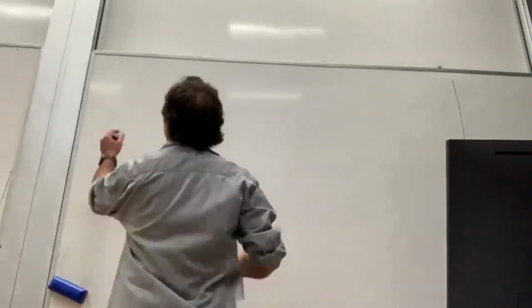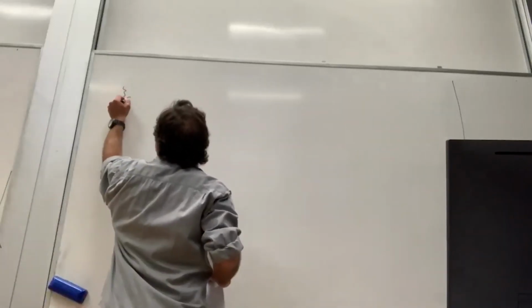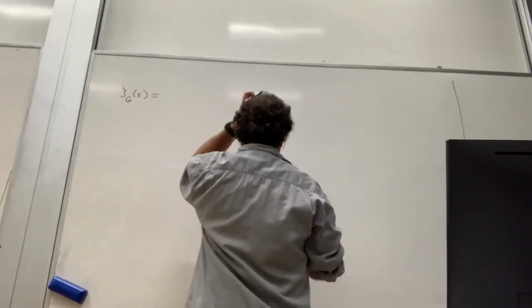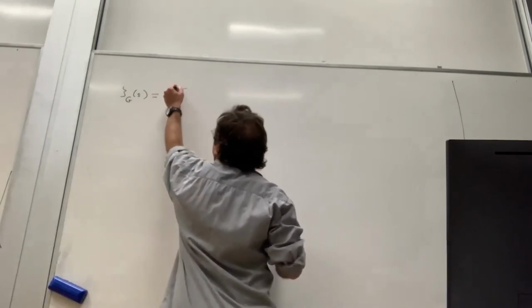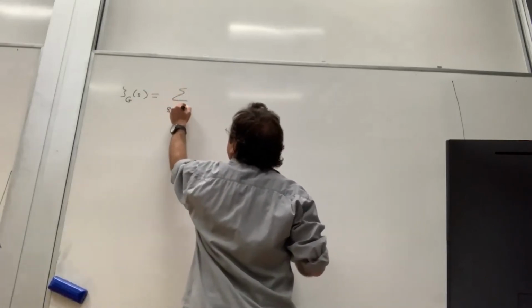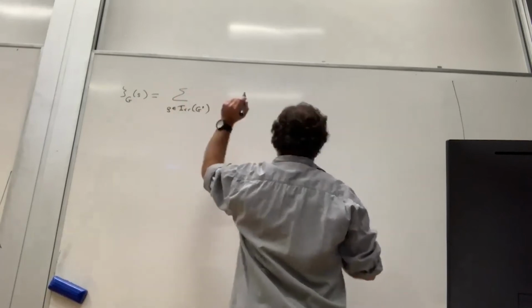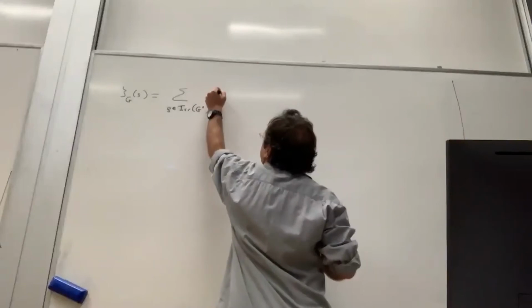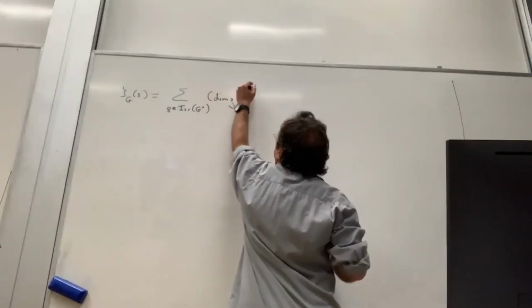Okay, and so what one can do now is write down the zeta function as the sum over the irreducible representations of G1 of the dimension to the minus s.